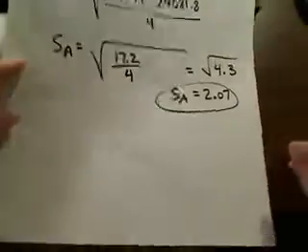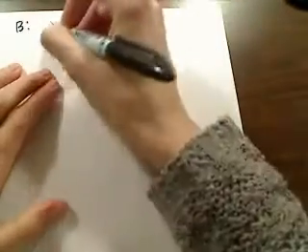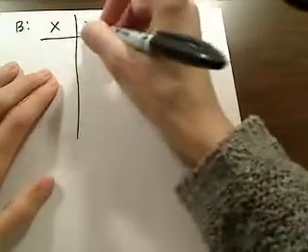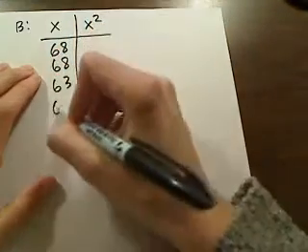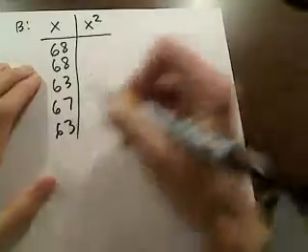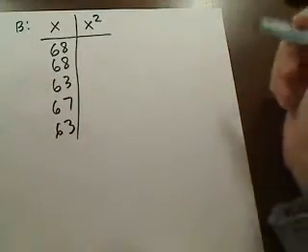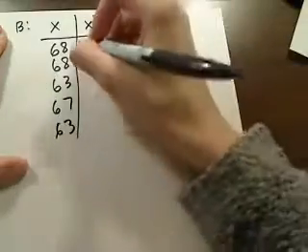Let's go ahead and calculate the standard deviation for set B, sample B. Okay, so we need to calculate our x squareds again. Our values, 68, 68, 63, 67, and 63. When you square those values, you're going to get this.